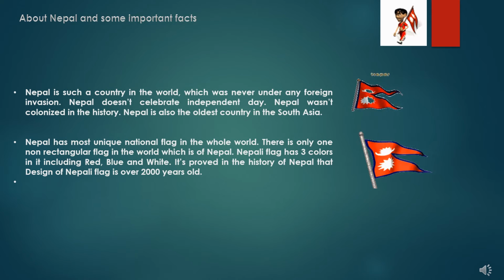There's only one non-rectangular flag in the world, which is of Nepal. The Nepali flag has three colors in it, including red, blue, and white. It is proved in the history of Nepal that the design of the Nepali flag is over 2000 years old.